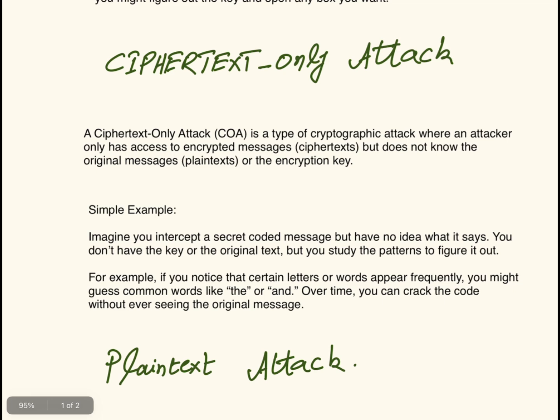A simple example in this attack is that the attacker tries to intercept a secret coded message but has no idea what it says. You do not have the key or the original text, but the attacker tries to study the patterns to figure it out.